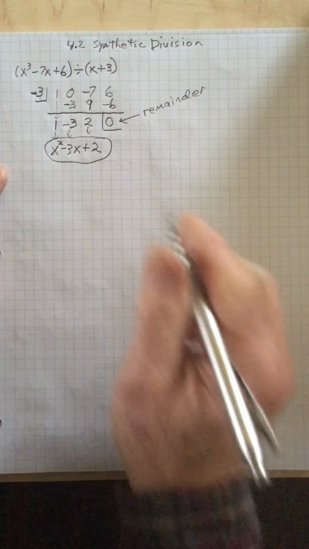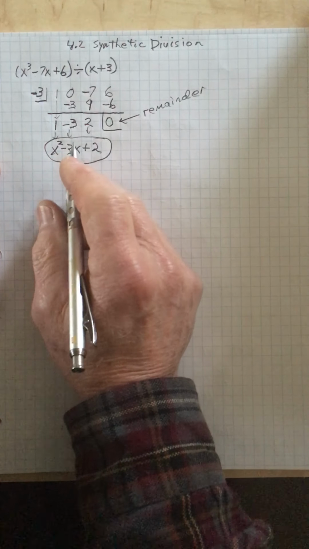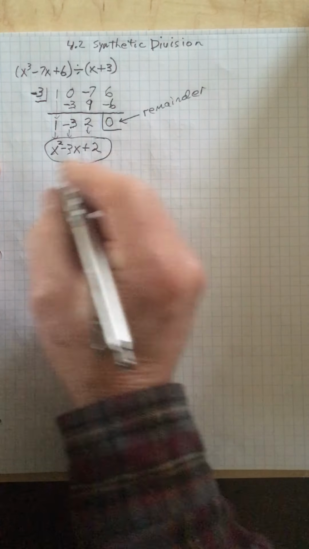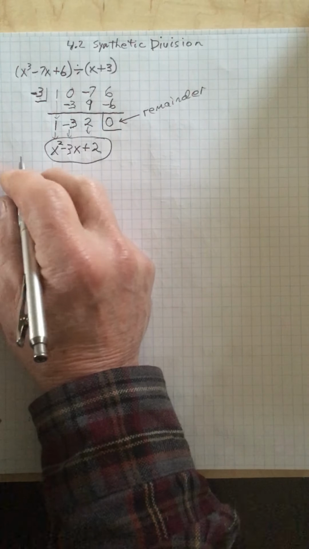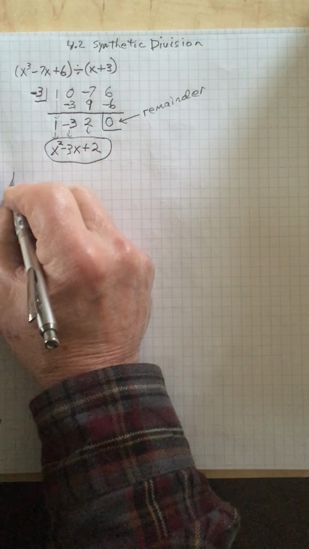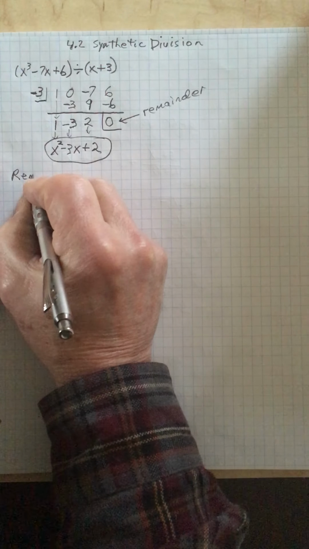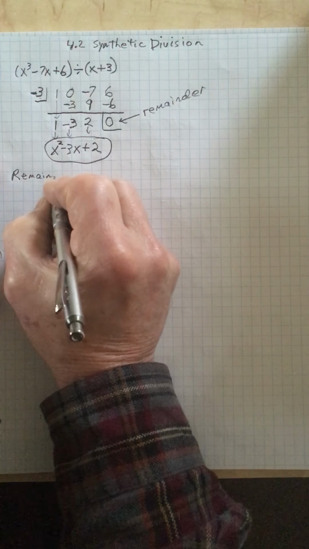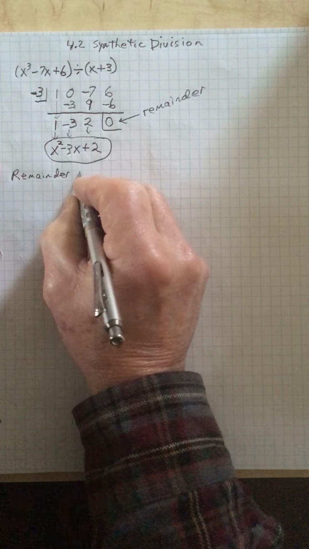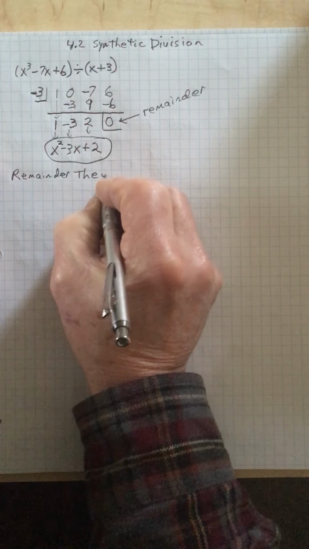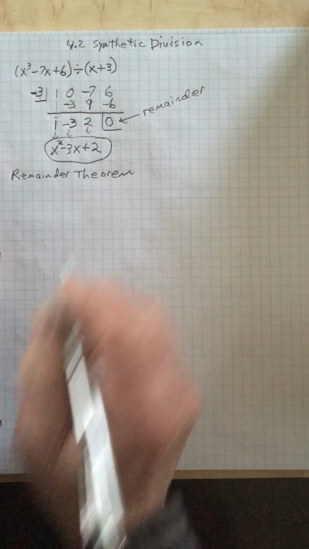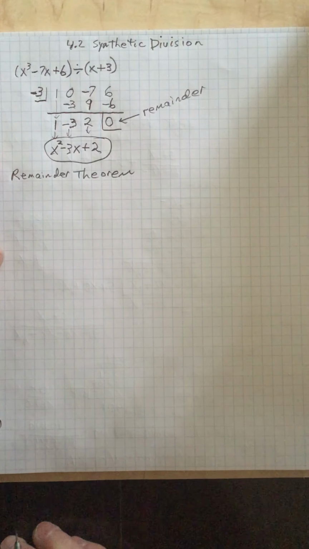Right, let's look at another equation in the book, or not an equation, but a theorem. This is called the Remainder Theorem, and it'll use synthetic division. All right, so what is the Remainder Theorem?